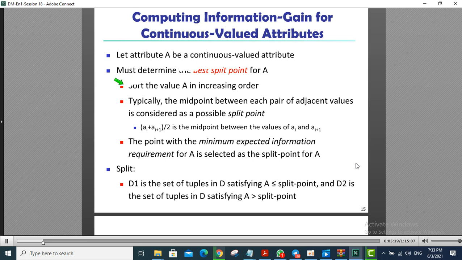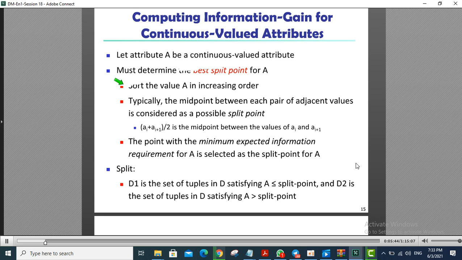To do this, firstly, we should sort all values of, for example, attribute A. Let's suppose that attribute A is a continuous valued attribute. Firstly, I should sort the values of A in ascending, increasing order.